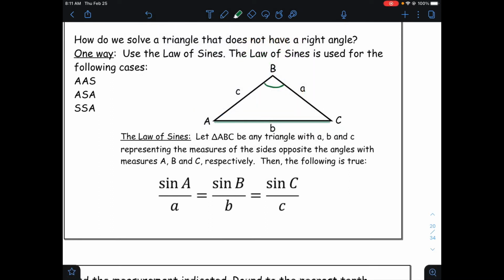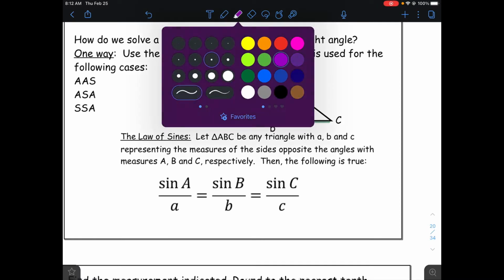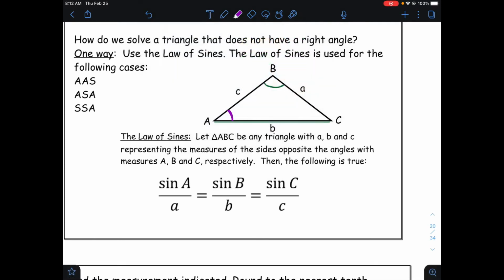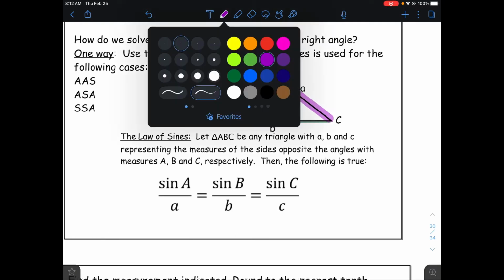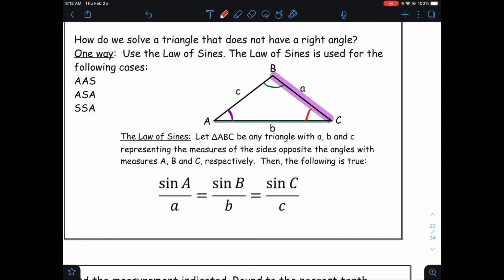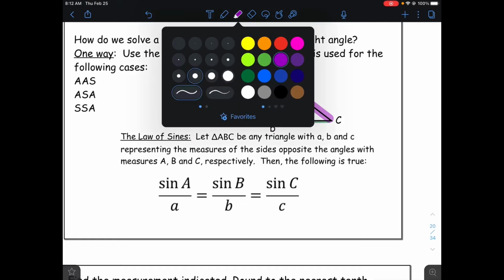Angle A is across from side a, and angle C is across from side c.